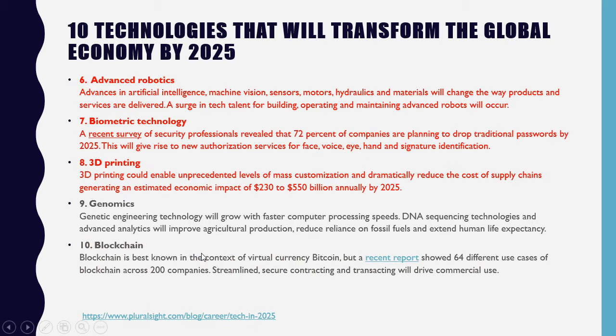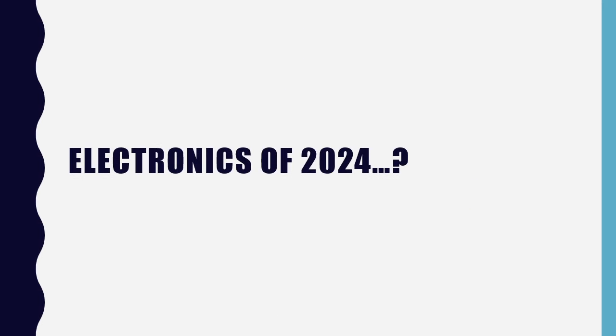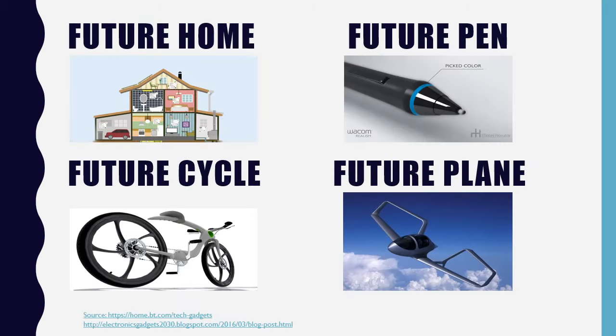So what is the topic today? It is electronics of 2024. It is all concept art. Don't think that all the technologies are there today itself, because we can't predict the future.